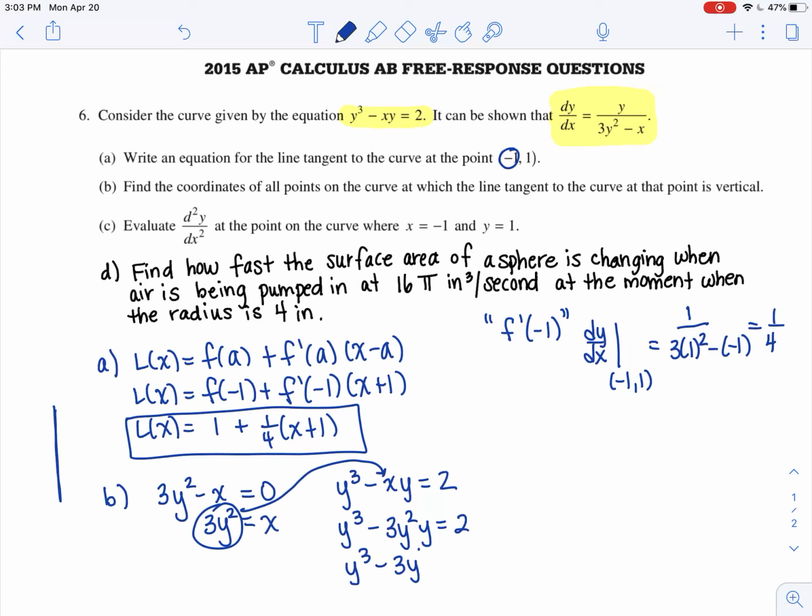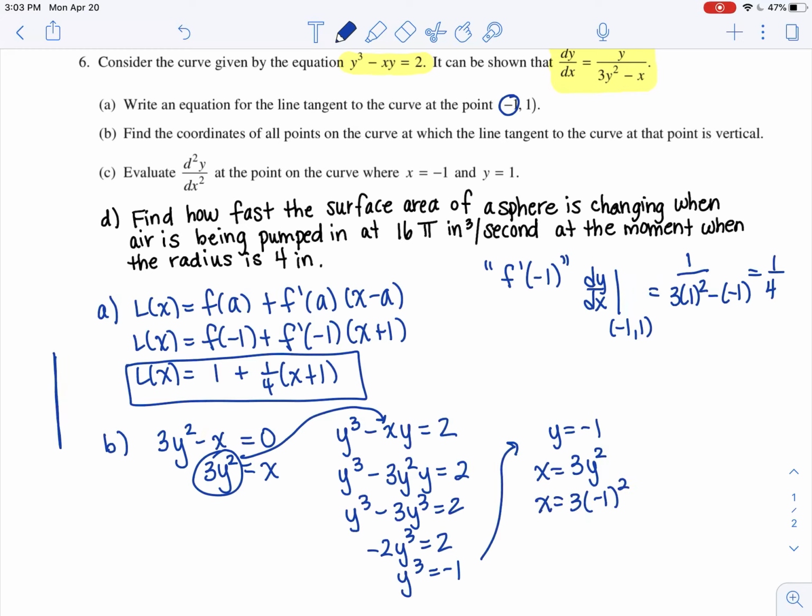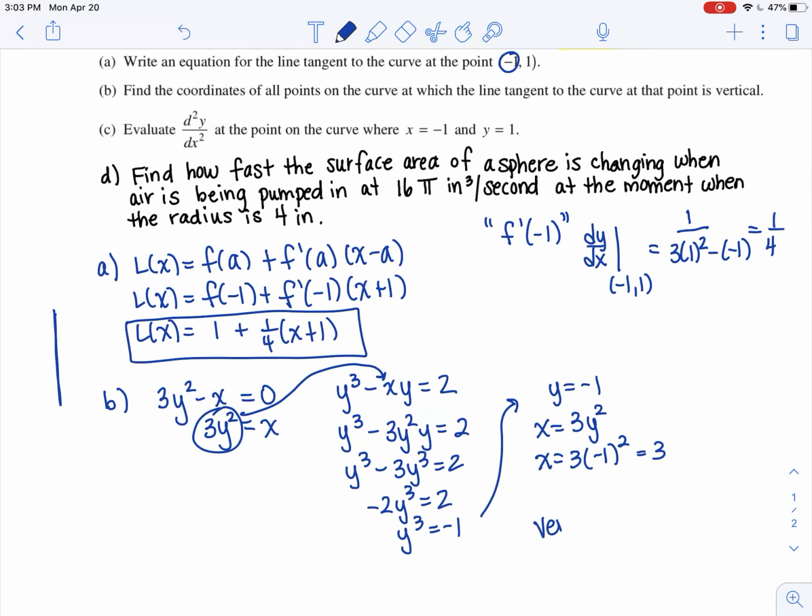As I start cleaning that up, that's y cubed minus 3y cubed equals 2, or negative 2y cubed equals 2. As I keep solving, I'll get y cubed equals negative 1, and eventually y equals negative 1. If I plug back into x equals 3y squared, I get x equals 3 times negative 1 squared, which comes out to be 3.